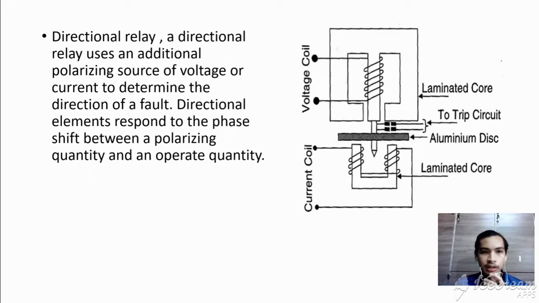For the directional relay, it uses an additional polarizing source of voltage or current to determine the direction of a fault. Direction elements respond to the phase shift between a polarizing quantity and an operate quantity.